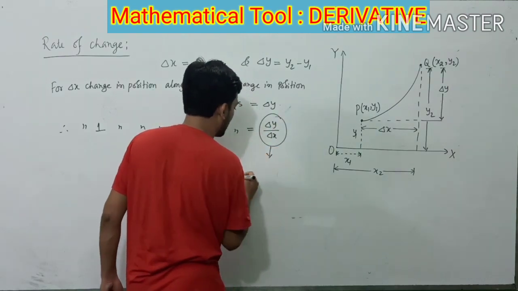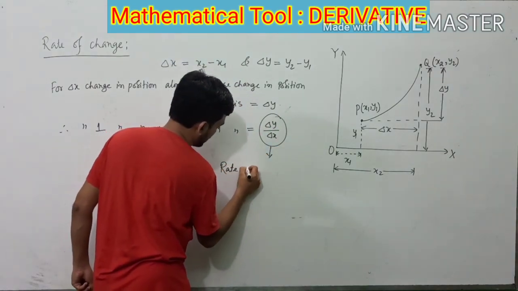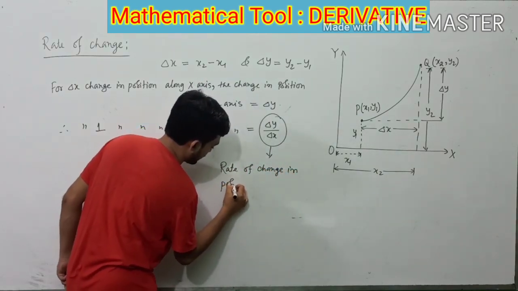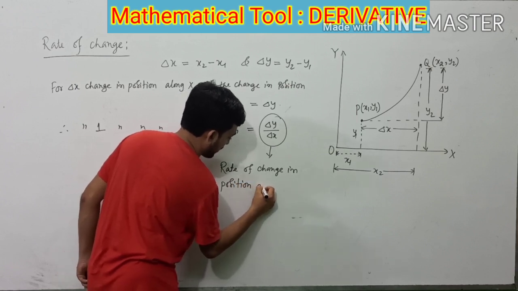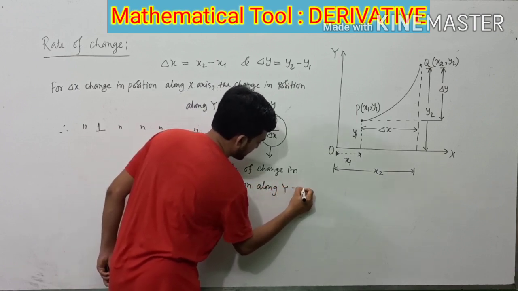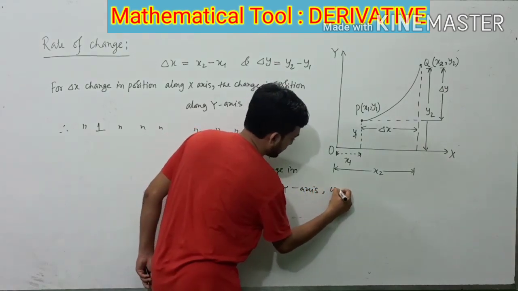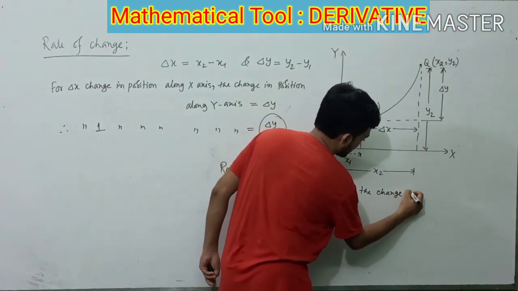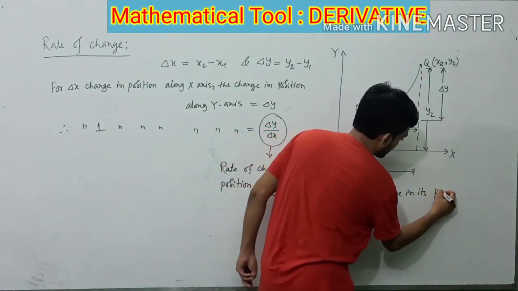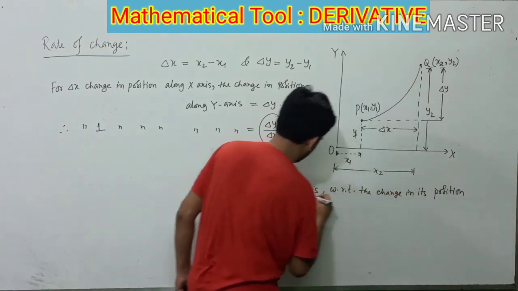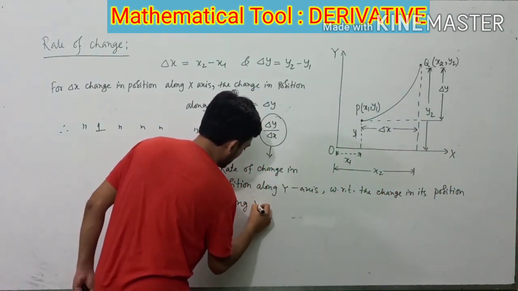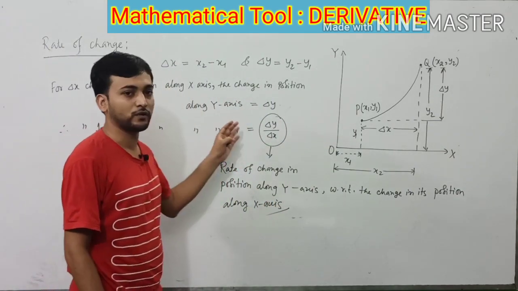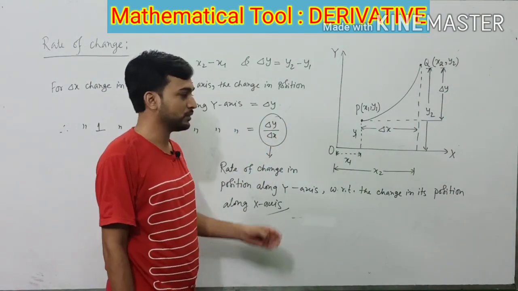This is what we know about rate of change in position of the body along y-axis with respect to the change in its position along x-axis. Understood?